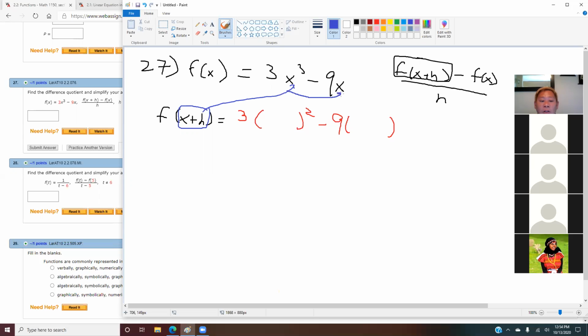Remember last time when I called you to find f(3), f(3) means you put all your x as 3, right? So if I want you to do f(x plus h), all your x become x plus h. So you've got x plus h. Oh, this is a cube. Sorry, I will correct that. This is a cube. Again, in your test, I won't ask for cube. I will ask for square.